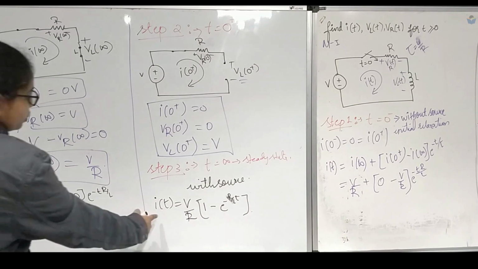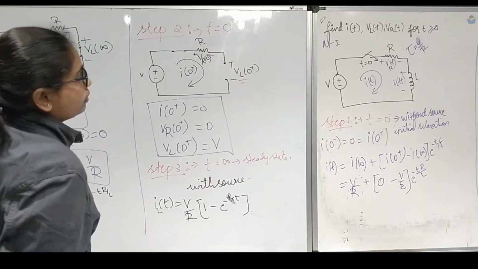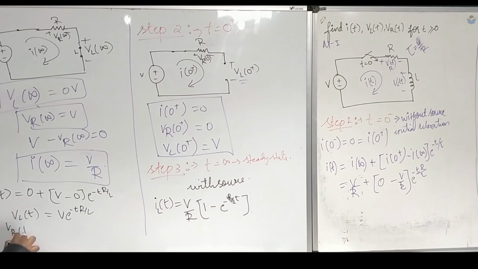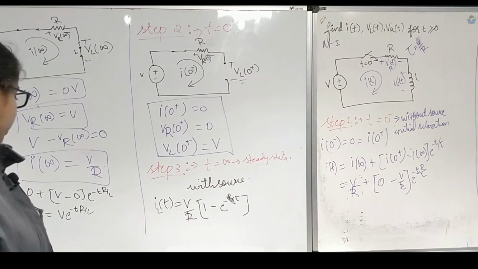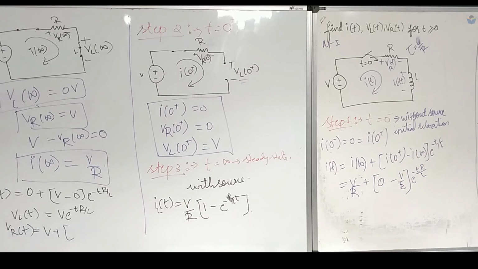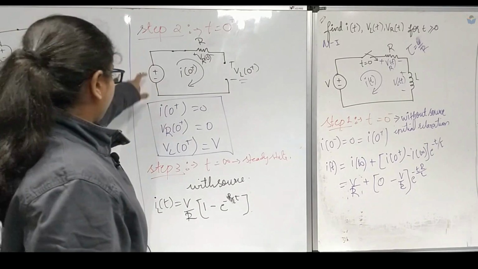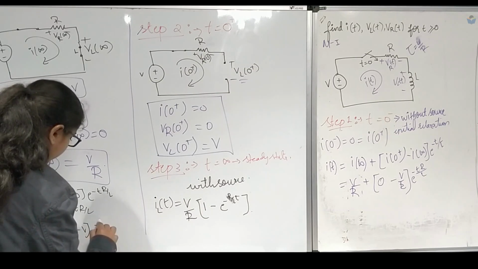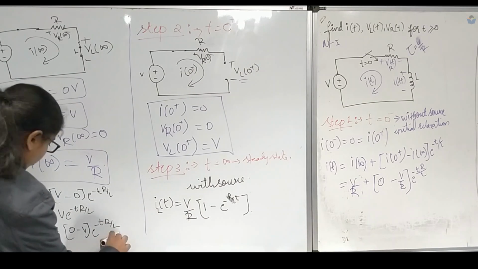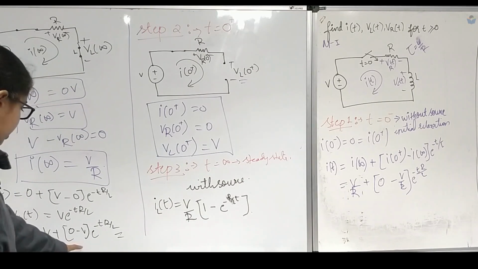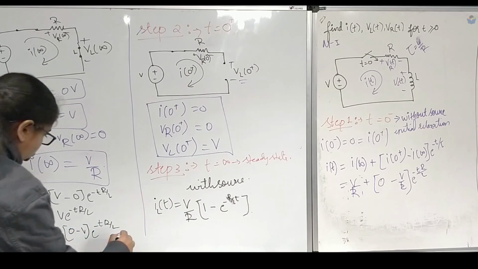So this VL of t is over, this is IL of t, then we can take VR of t. For VR of t also we will apply the same formula. At the final condition, VR infinite is equal to V plus initial VR of 0, which is 0, substitute it, then we have minus V e to the power minus t R by L. So we have VR of t equals V plus 0 minus V, then we can take V as common.